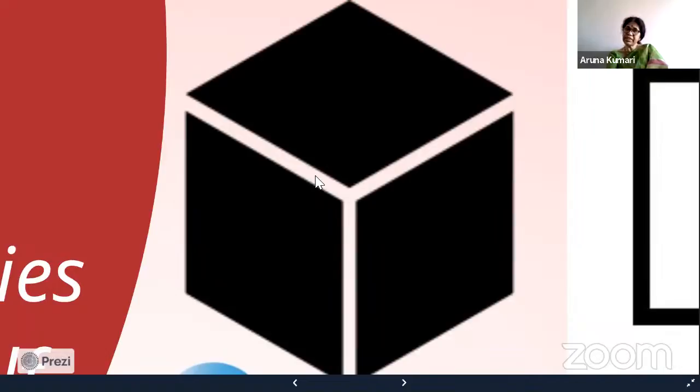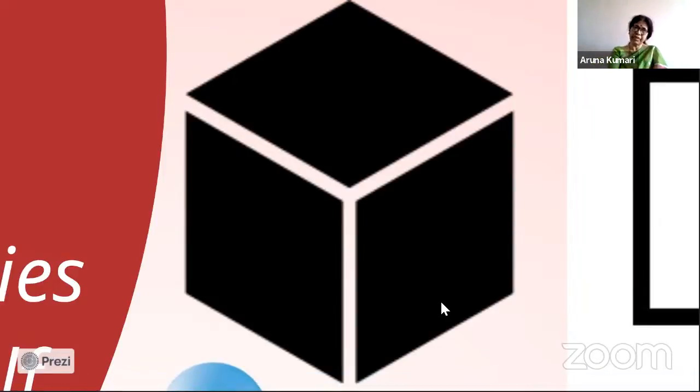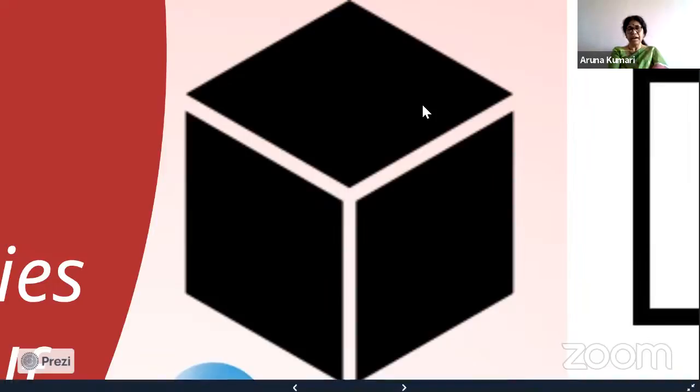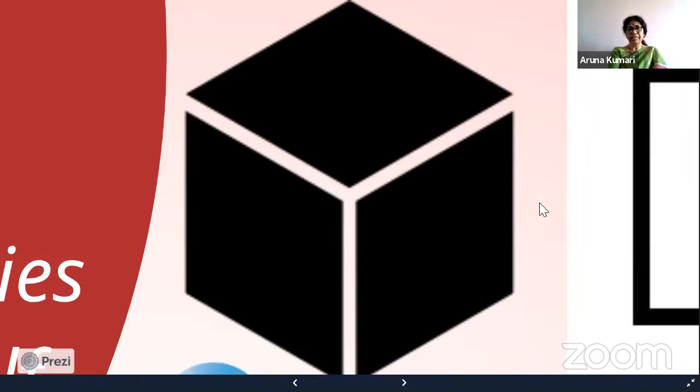What is the limit of this figure? All the sides are squares, isn't it? So the limit of a 3D figure is nothing but a 2D figure. You have studied it already. The limit of a 3D figure, a 3-dimensional figure, and each face of it is a 2-dimensional figure.